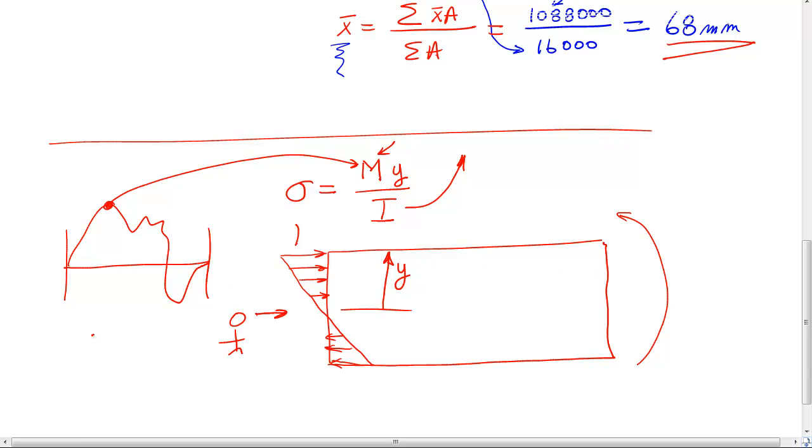Maybe he sees an I-beam. So he might do a composite section, find the I, stick it in right here, and then figure out, well, I'll find the stress at the top fiber or maybe at the bottom fiber. And this is the equation that you'll see in mechanics of materials that pops out from a derivation.